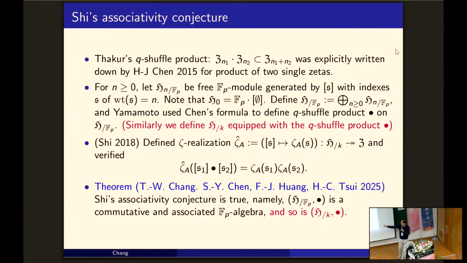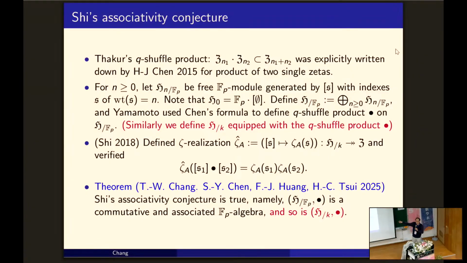Namely, the product of these two indices on this abstract space, you take the realization, and this is equal to the product of two MZVs.